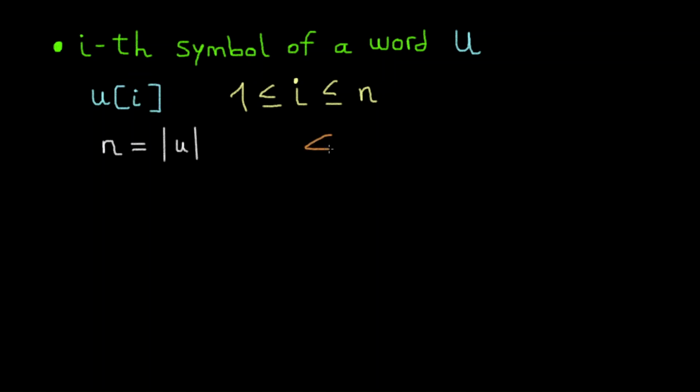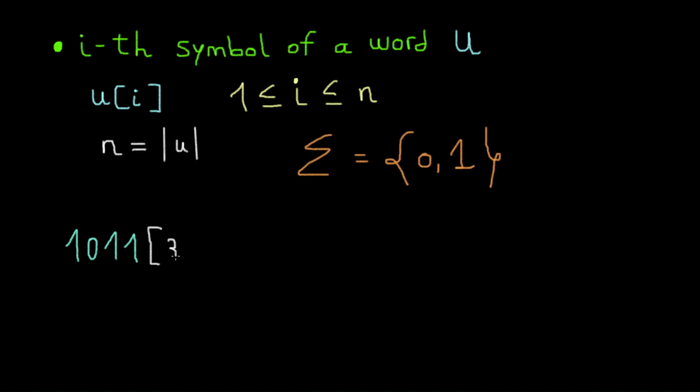For instance, if we're working with the binary alphabet 0 and 1, and we have the word 1011, then if we want to compute the third element of this word, we just denote it like so.